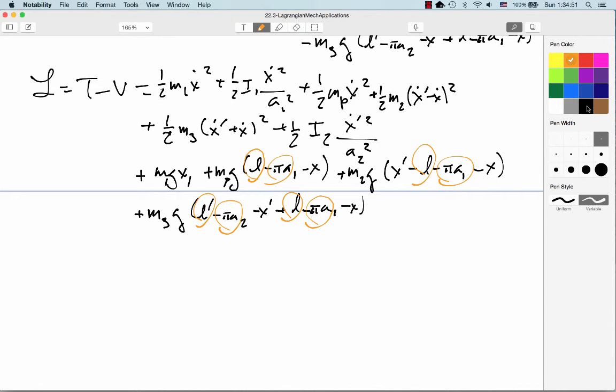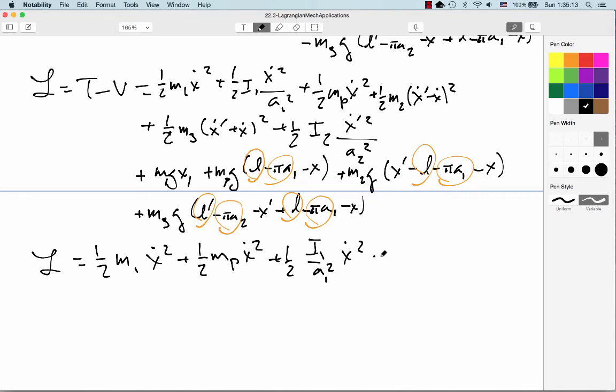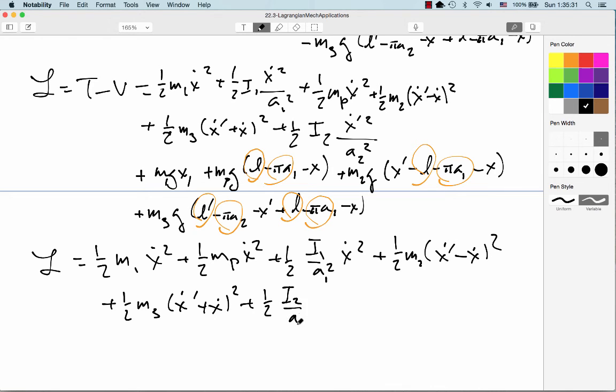So if you combine things around a little bit, group it all together, we can write the Lagrangian as 1/2 m1 x dot squared plus 1/2 mp x dot squared plus 1/2 I1 over A1 squared x dot squared plus 1/2 M2 (x prime dot minus x dot) squared plus 1/2 M3 (x prime dot plus x dot) squared plus 1/2 I2 over A2 squared x prime dot squared.